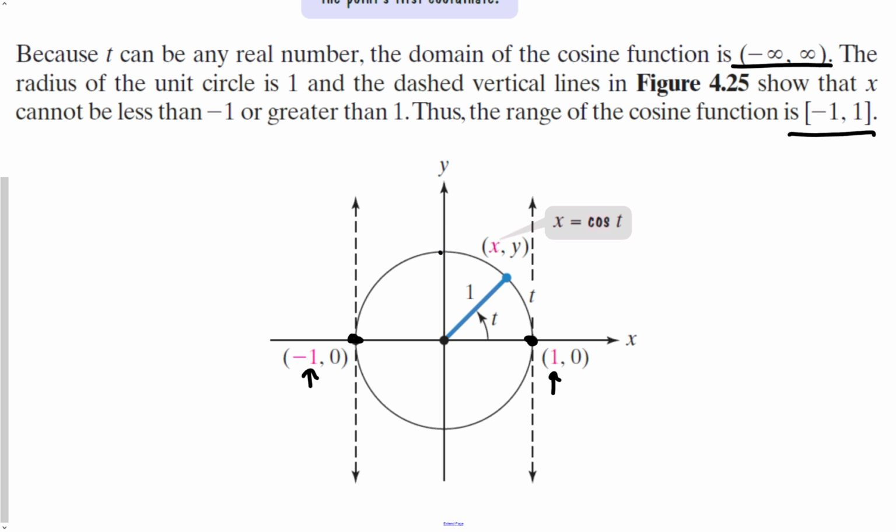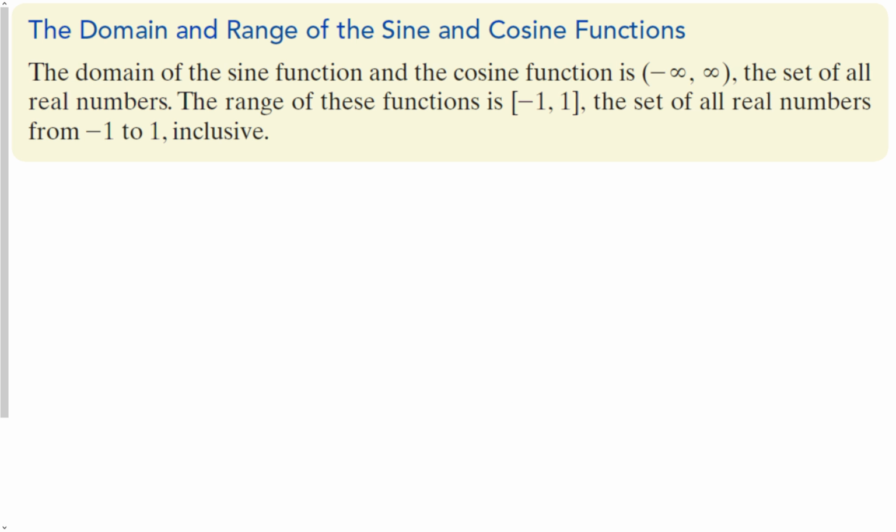Seems weird we're thinking about left and right when we're doing a range, but again, these are the outputs of the function. It's the x coordinate of this point. The biggest number I can get is 1. The smallest number I can get is negative 1 because of the definition of this circle, that the radius is 1. Okay. So domain and range of the sine and cosine function, the domain is both negative infinity to positive infinity, and the range of both of these functions is negative 1 to positive 1 inclusive. Okay.